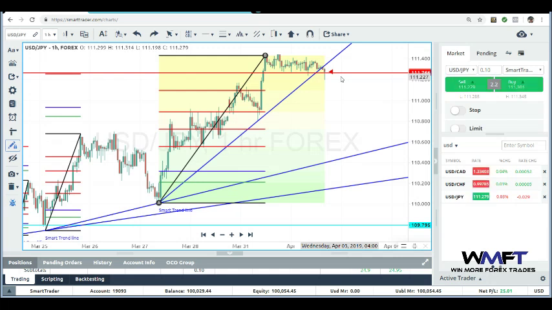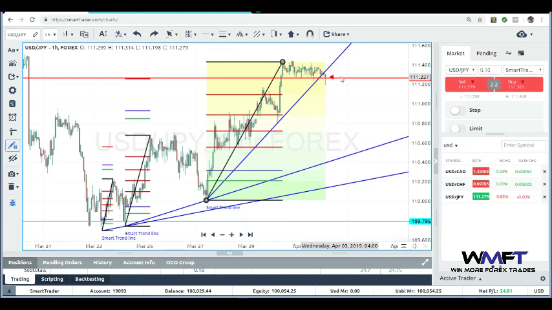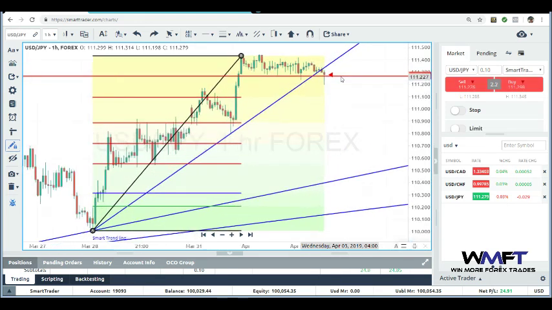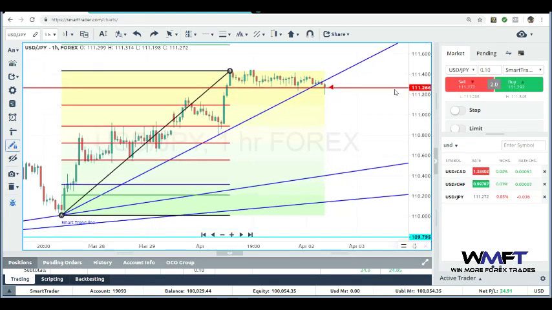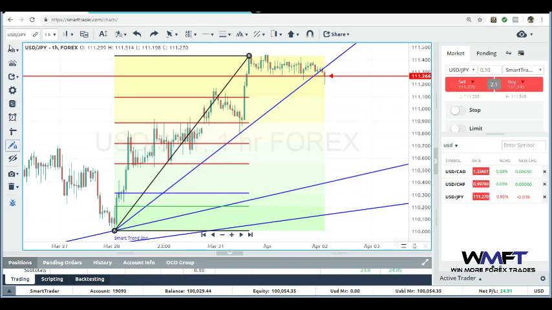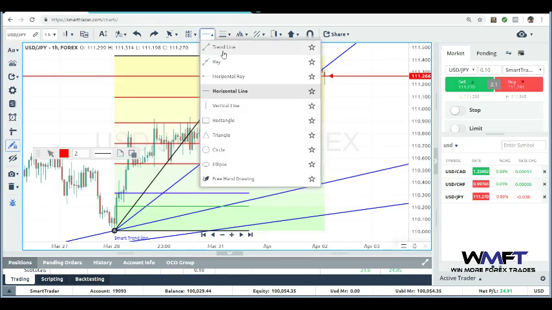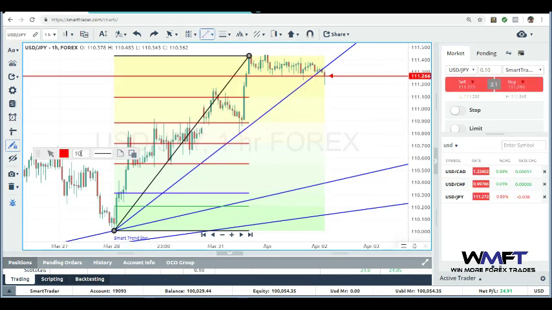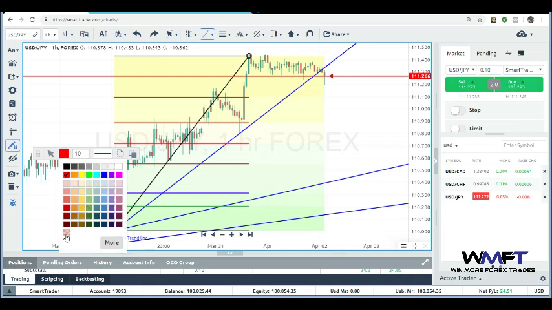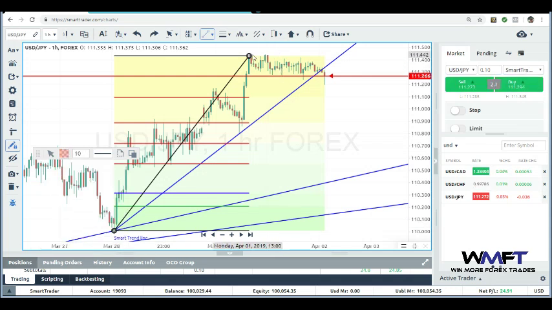So this could be a grand opportunity to start catching you some pips to the south, but in order to start selling this market, which can be very soon, we will want to let the market do as follows. The market has this high price. The market is now breaking this trend line. Let the market come back up, test the back side of the trend line, or give you a high price.